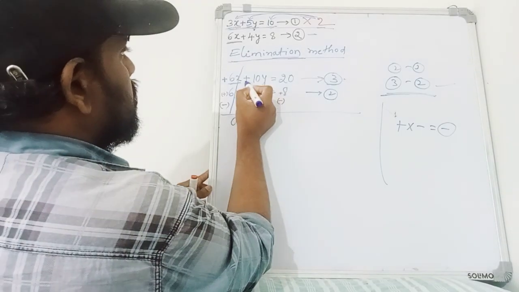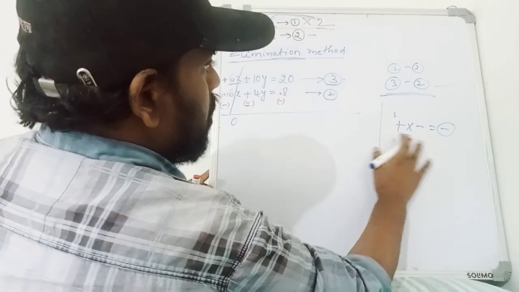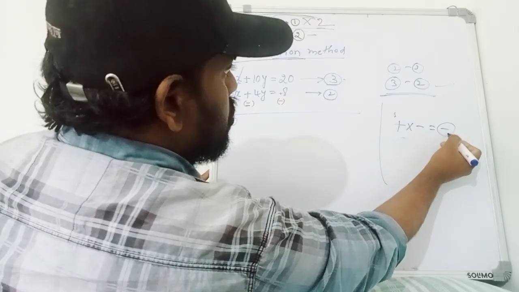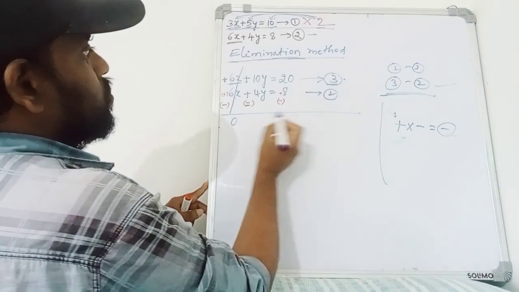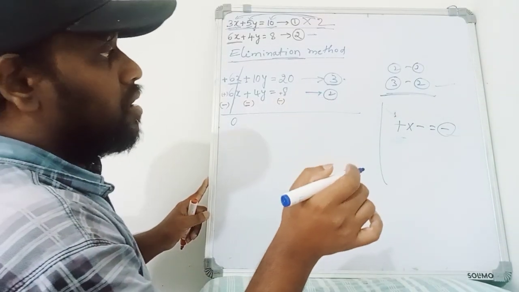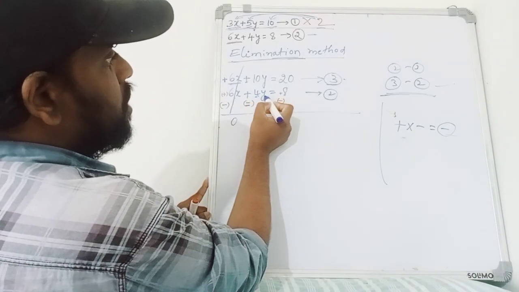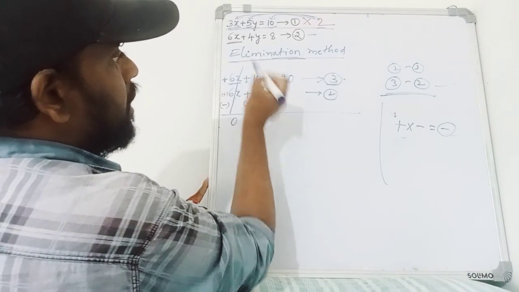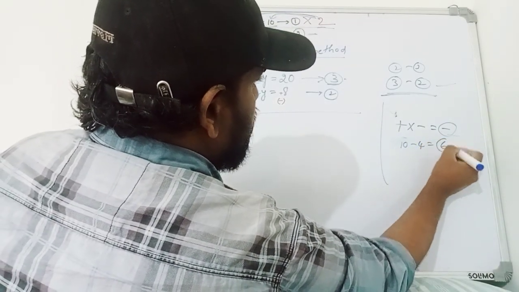Now consider this, your plus is there, your minus is there. Again plus into minus is equal to minus only. So minus means we have to subtract. Subtract the smaller number from the bigger number. Consider the coefficients of this variable y. Here 4, here 10. So 10 minus 4 is equal to 6, right?